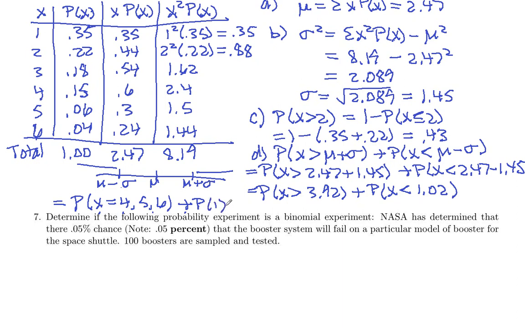So we'll take probability of 1 and then add it with probability of 4, 5, 6. So 0.15 plus 0.06 plus 0.04, and then plus probability of 1, 0.35. So that's 35, 45, 50, 60, so 0.60.